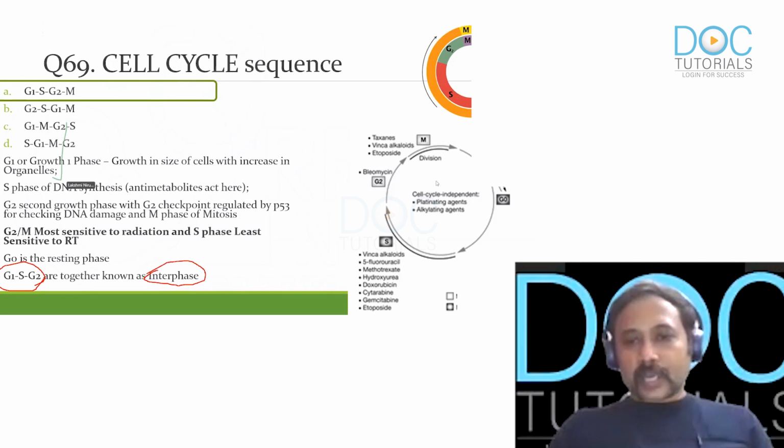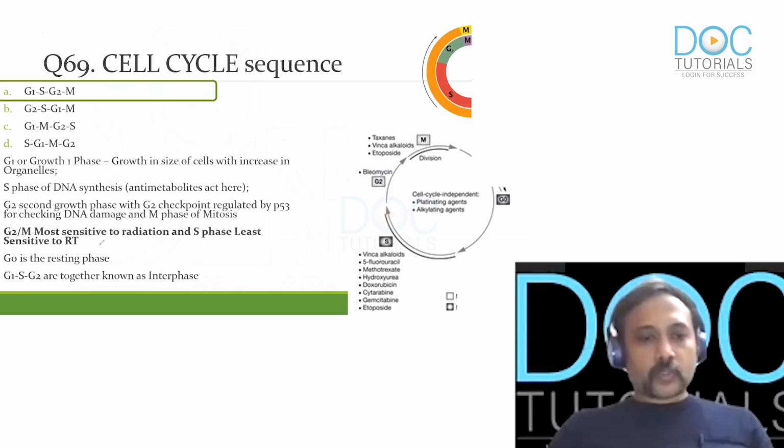I thought I will just add a part here with regard to your cell cycle specific and cell cycle non-specific drugs. The most important phase is the one which is most sensitive to radiation.